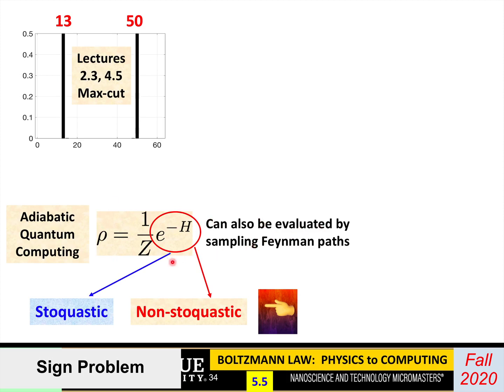And in that case, people make this distinction between stochastic Hamiltonians and non-stochastic Hamiltonians. Stochastic ones are the ones where paths don't cancel. They all have the same sign, and so sampling is very effective. Whereas non-stochastic is where paths are actually canceling out.